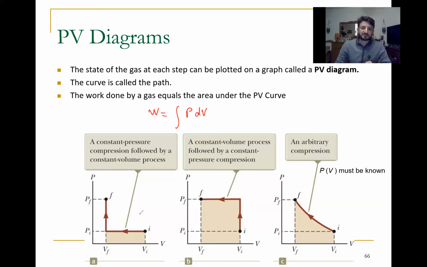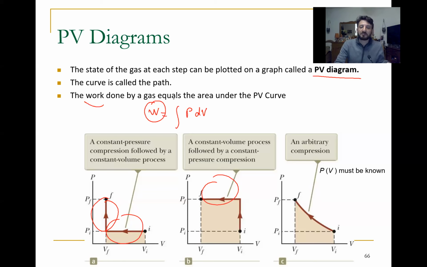You can calculate omega geometrically. The state of the gas at each step can be plotted on a graph called the PV diagram, okay? The curve is called the path. If I go from one state to another state, from A to B, we have one path, okay? This line is called a path, and this line is called a path, okay?